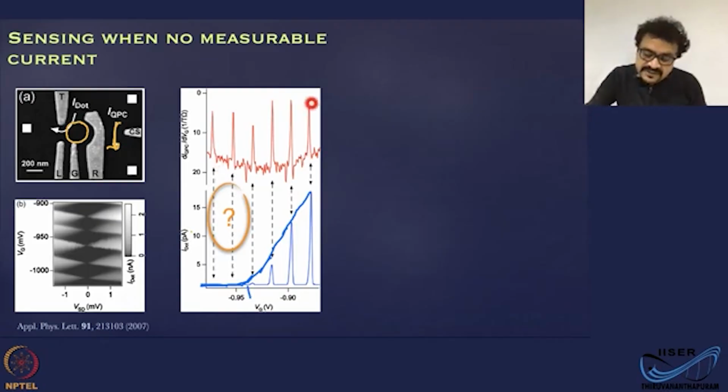And each of these peaks matches exactly with the peak position here, but beyond which you cannot sense the electron motion by sensing the current, but you can still sense the charge motion through the quantum dot from the conductance changes in the quantum point contact channel.